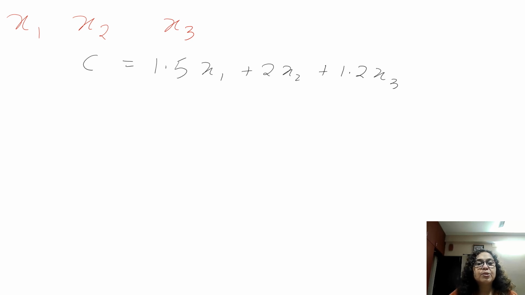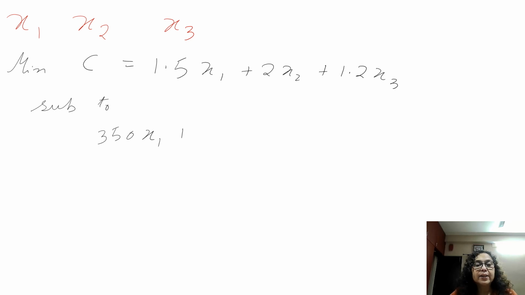Next, this is the cost which we aim at minimizing. So I'm writing it in short, minimizing C, which is the cost, is equal to 1.5 x1 plus 2x2 plus 1.2 x3. Here we come to the constraints, subject to the constraints. The first one is the calorie constraint, and we have 350 x1 because basic food 1 has 350 calories per unit.